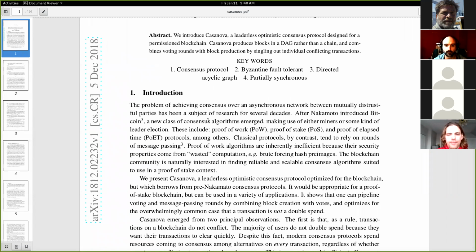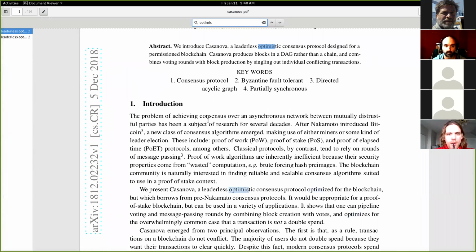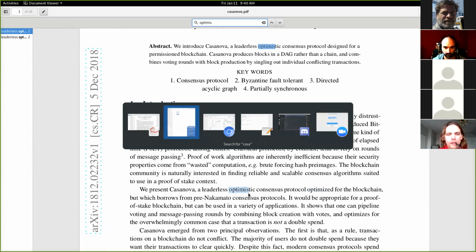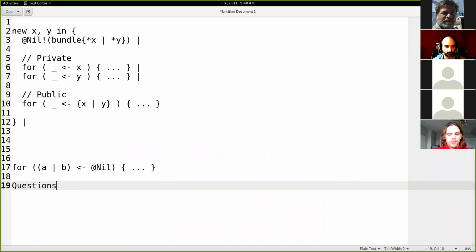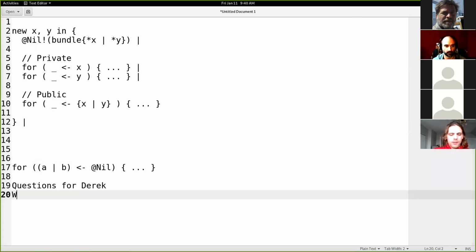What do they mean by optimistic consensus protocol? I know he said permissioned was like bonding. Yeah, that's a good question. I think the optimistic might have been because they're assuming most transactions don't conflict with each other, but maybe it was for something else.